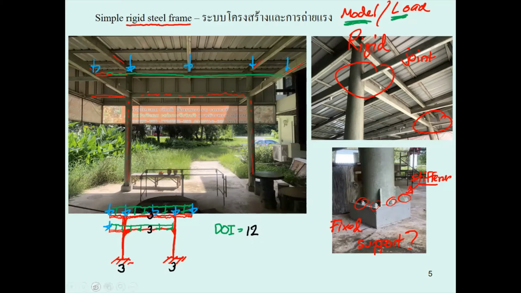And then you can separate this frame into 2 portions. So you're going to have 3 equations times 2 free body diagrams. So this structure is going to have a total of 6 degrees of indeterminacy. That means you're going to propose 6 redundants to solve this frame. It is going to be a very tough job to do so.